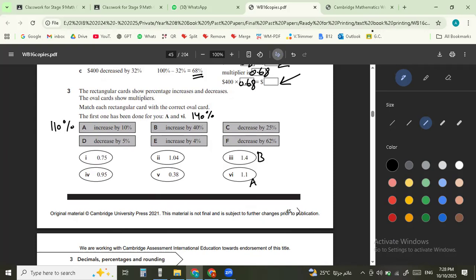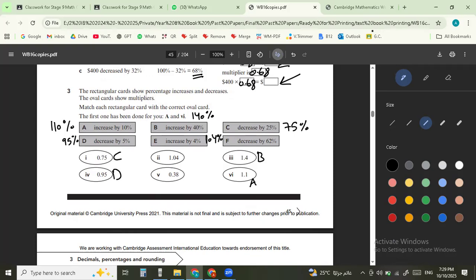Decrease by 25% means I'm going to minus 25, so it becomes 75%. Divide by 100 is 0.75. This is C. Decrease by 5% is going to be 95%. Divide by 100 is 0.95. This is D. Increase by 4% is 104%.